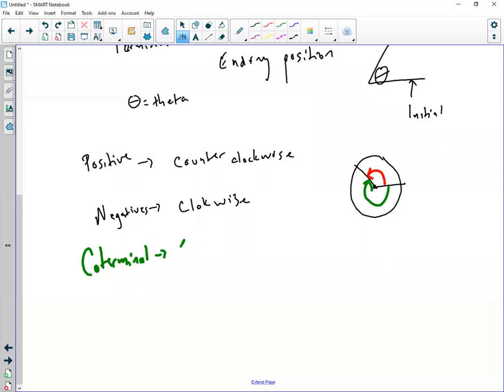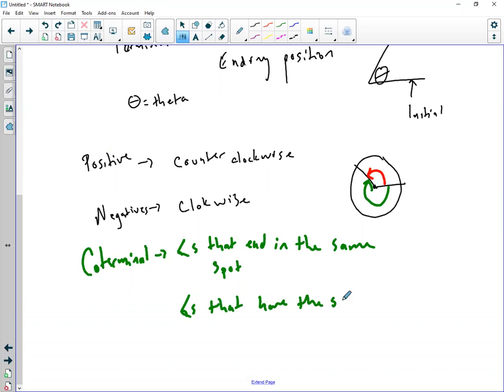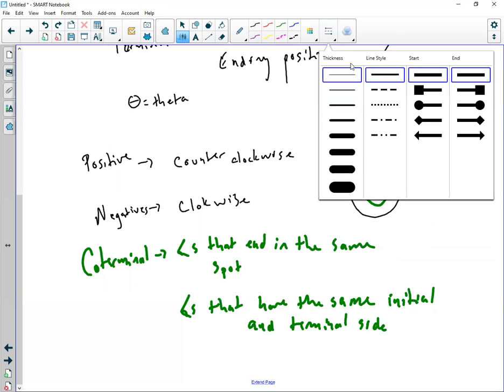Now, if you want to use calculus words for this or trig words for this, you could say angles that have the same initial and terminal side. So that just means that they're in the same location.